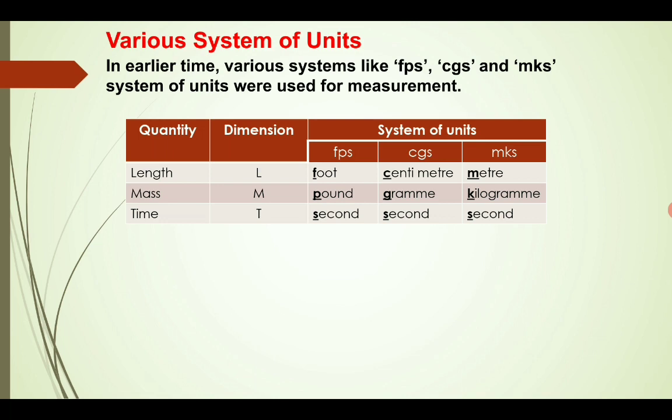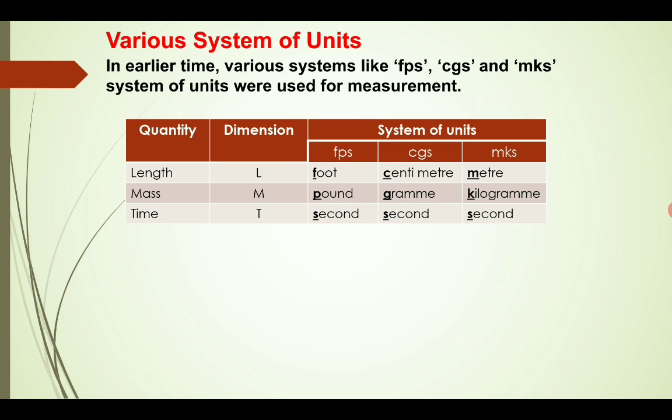we define the SI units. A very simple example: a name onion is given to onion, but somewhere we use pyaz, somewhere we use kanda, somewhere we use a different name for a single thing. So a name should be given which is internationally accepted.